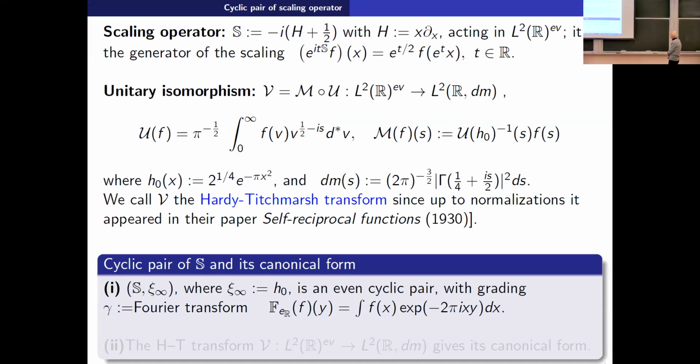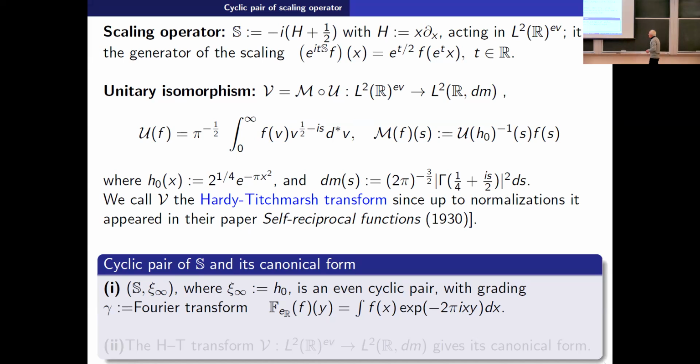So the cyclic pair of the scaling operator: I also have to add the cyclic vector, which will be H0. So the cyclic pair is S, the self-adjoint operator, and psi, which we call psi infinity.